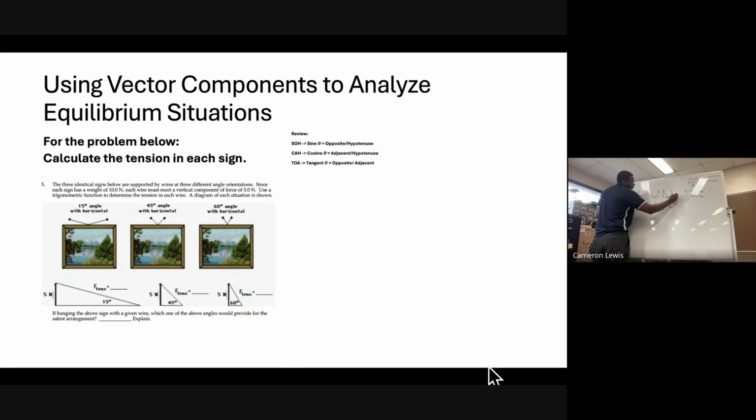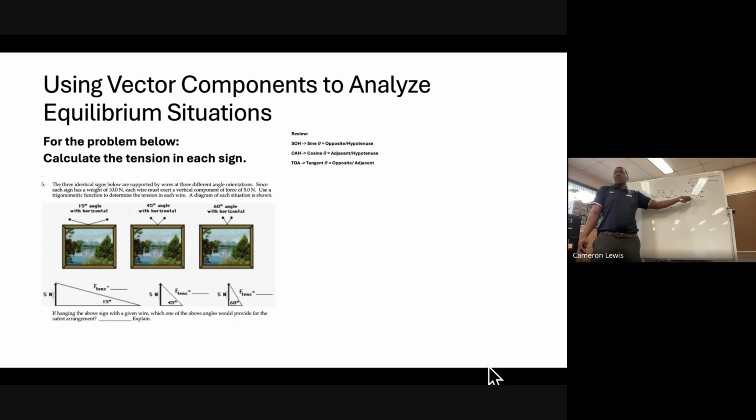So the vertical part from each one has to be able to hold the weight. Now, how many vertical components do we have for tension? We have 2.